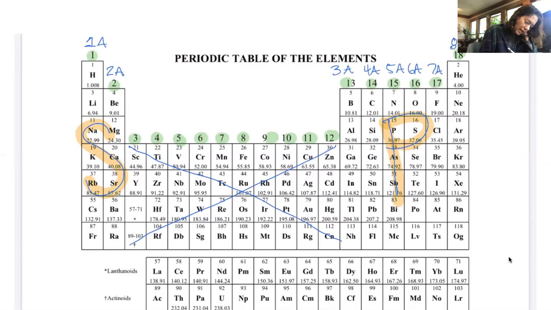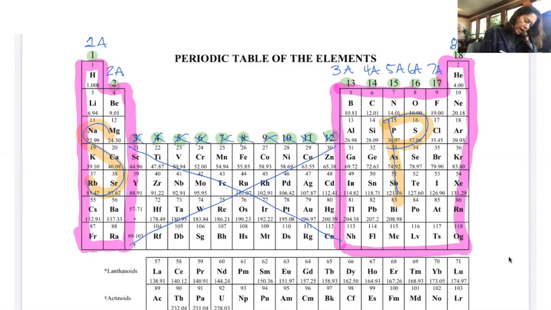What that means is I did not count these groups. I only counted the S and P block elements because those are my representative elements. So I just counted these element groups and I just counted these element groups.